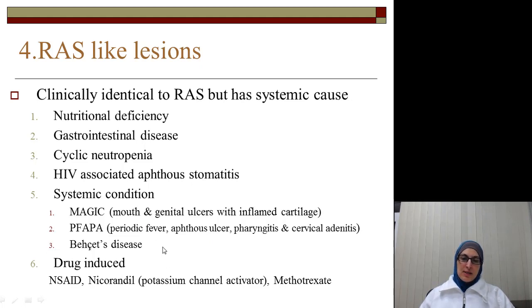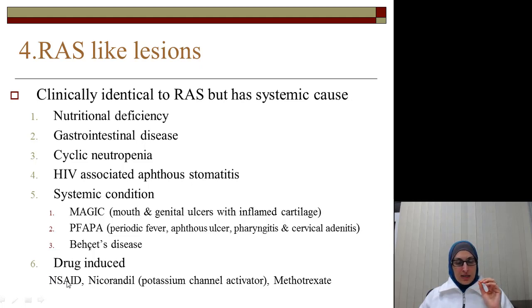And Behçet's disease is another systemic condition. Drugs might induce ulcerations very similar to RAS, including NSAIDs like ibuprofen, nicorandil, and methotrexate. So the patients taking these medications might develop oral ulcers.